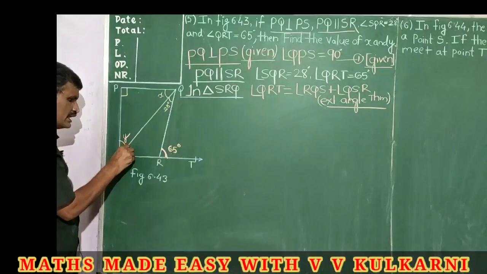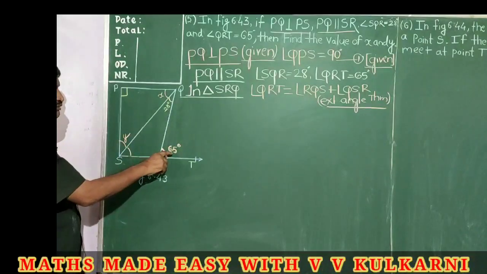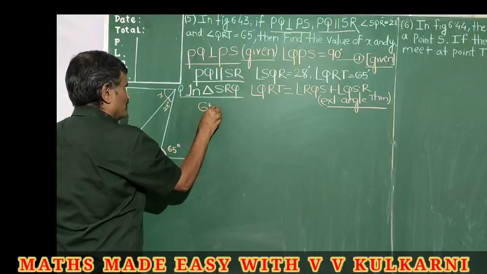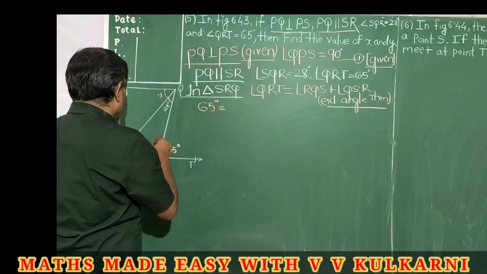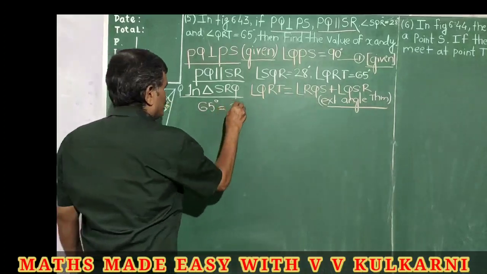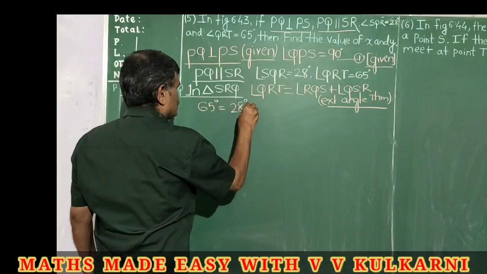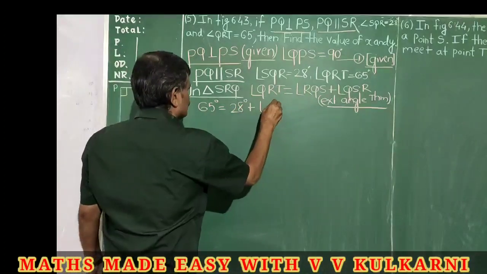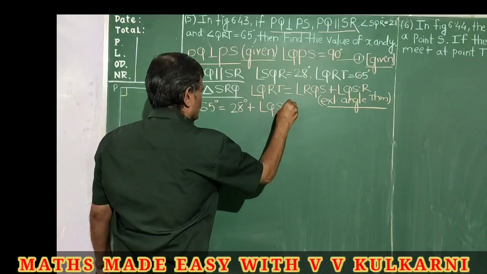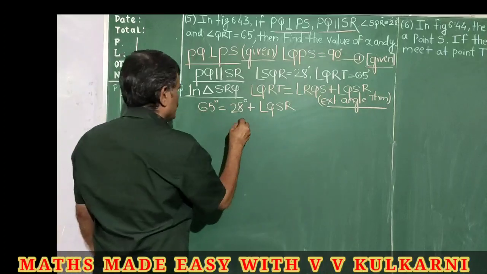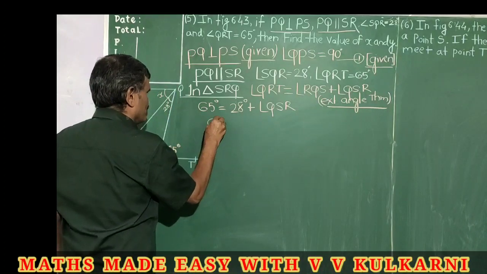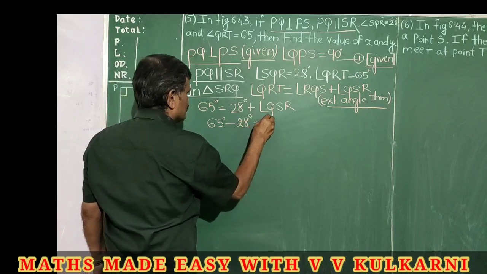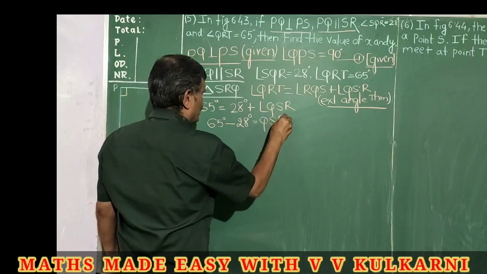Now if I want this angle, then it will be equal to how much? QRT is equal to 65 degree is equal to 28 degree plus angle QSR. So that means 65 degree minus 28 degree is equal to angle QSR.